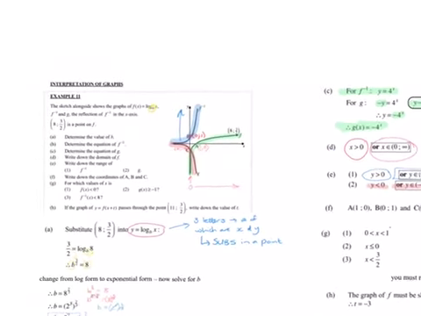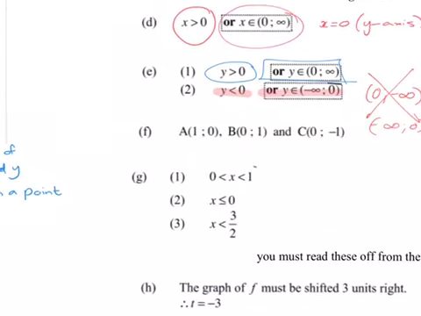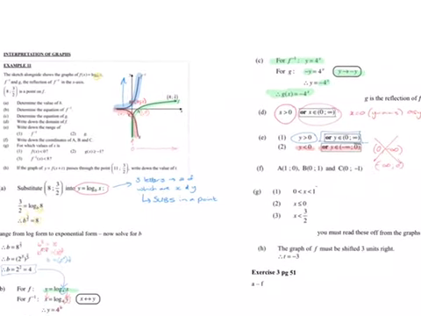Right. Then for f, they're asking us to determine the coordinates of A, B, and C. So you really actually only have to work out the coordinates of A if you don't know your standard graphs. So coordinate A is the x-intercept of our log graph. So our log graph is y equals log base 4 of x.